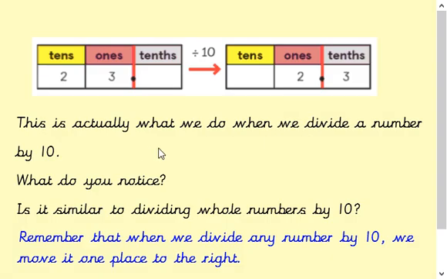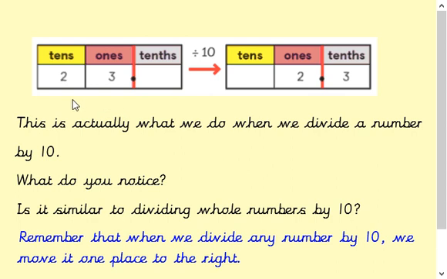It's possible to show what we're doing on a frame. On this side, you can see that it's 23, so we have 2 10s and 3 1s, and we're going to divide it by 10. Now, in order to divide a number by 10, we need to take each digit and move them 1 place to the right, 1 decimal place to the right.